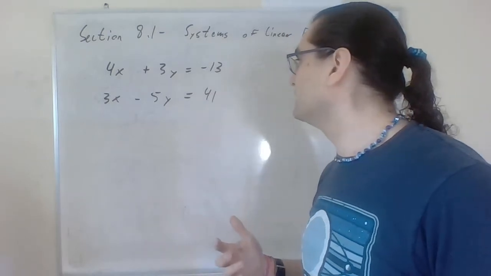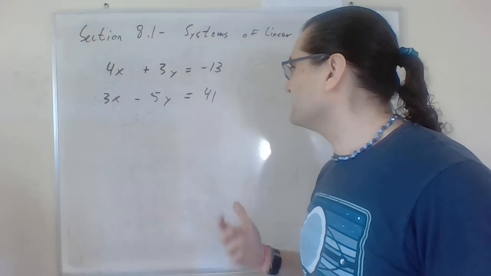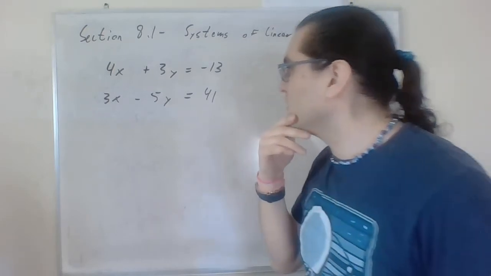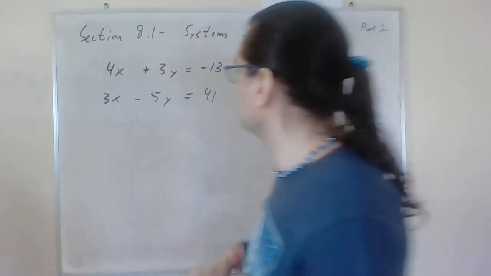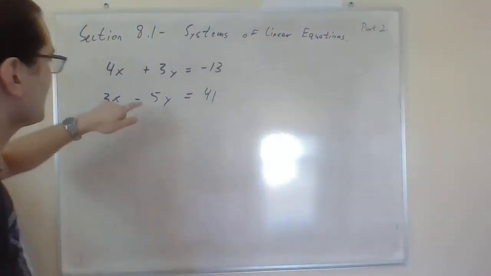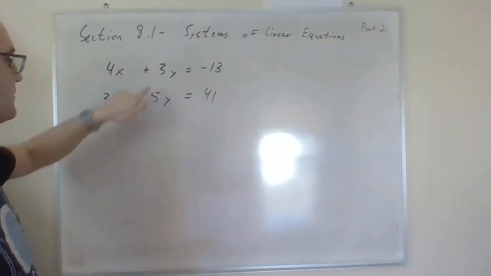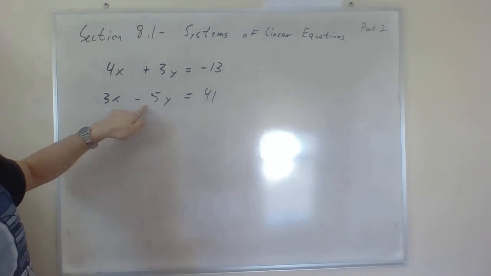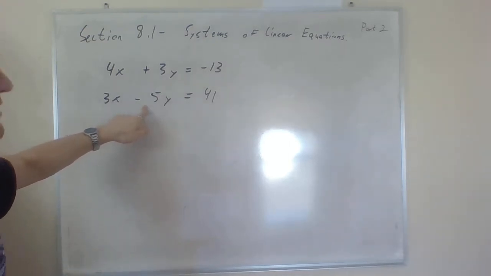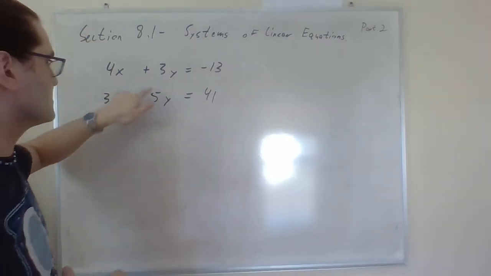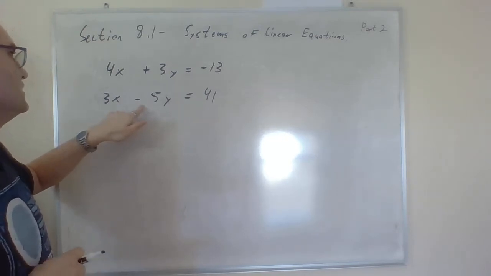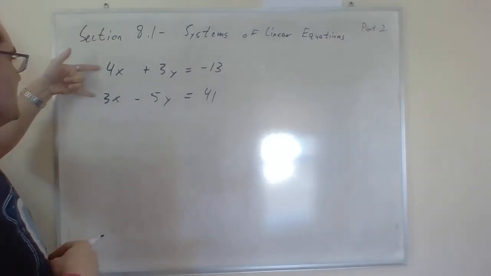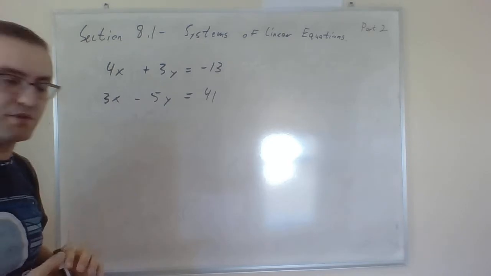And it kind of doesn't matter which one we eliminate. I'm going to eliminate y because I already have the positive negative thing going on. One of the most common mistakes students make when eliminating things is they mix up positives and negatives. Like if someone was going to try and eliminate these guys, I've seen this happen a lot.